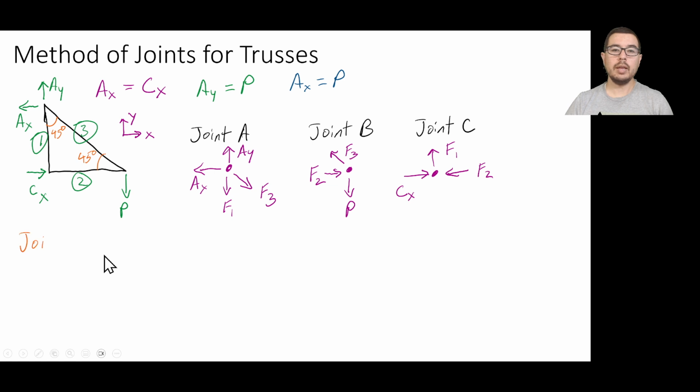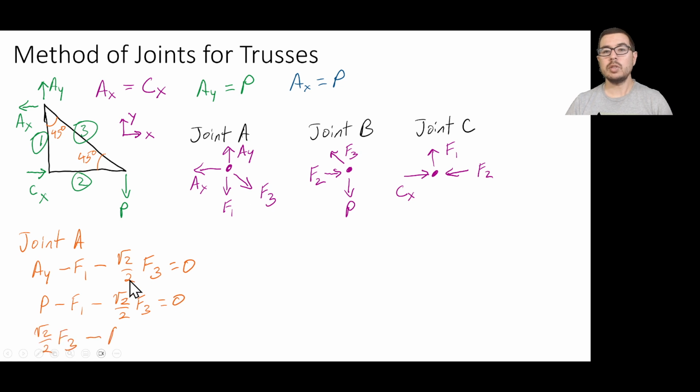So for joint A, we can write that we have AY minus F1 minus square root of 2 over 2 F3. So where does this square root of 2 over 2 come from? Well, this is looking at the contribution in the y direction, the vertical direction. So for this equation, we're only looking at the vertical direction.